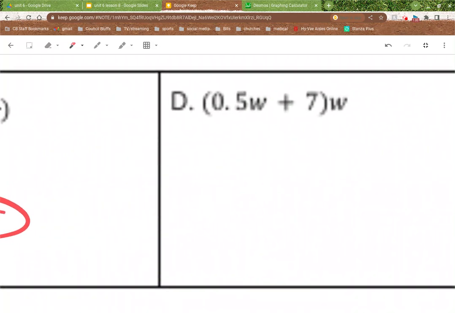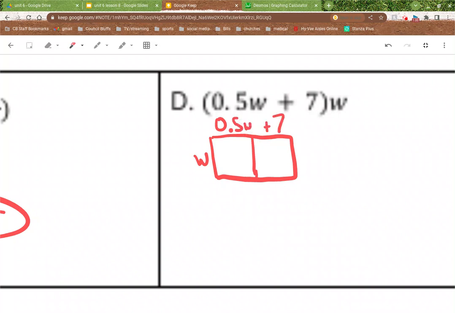And then let's do D. This one is 0.5w plus 7 times w. So again, I'm going to draw a box with 1 row, 2 columns. So I'll put w here, and this will be 0.5w plus 7. So 0.5 times 1 is going to be 0.5.